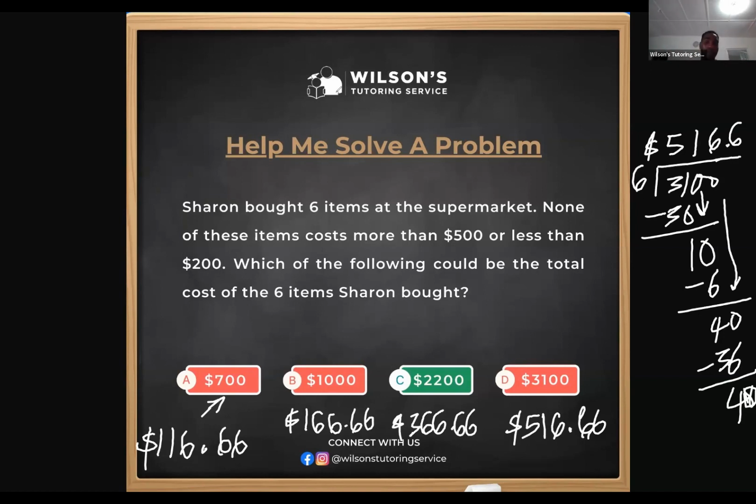Same for B. However, for C, it's more than 200 per item, but less than 500, which was the stipulation of the question. And the last one, D, where each item costs $516.66. It couldn't have been this, because though it is greater than 200, it is more than 500.